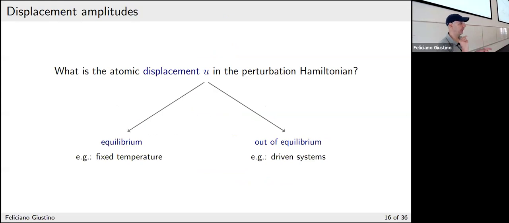For example, they pump a laser that excites a specific infrared active mode, and that will oscillate, and the amplitude will depend on the pumping laser. Okay. So the second case is a bit more difficult than what we want to do in this week. So we will focus primarily on basically everything that can be done at a given temperature. So we're going to discuss equilibrium phenomena.